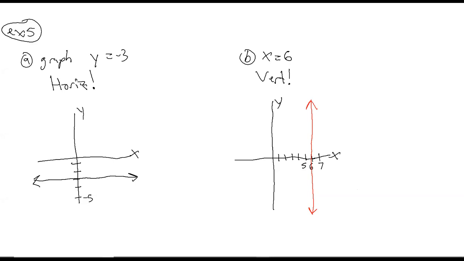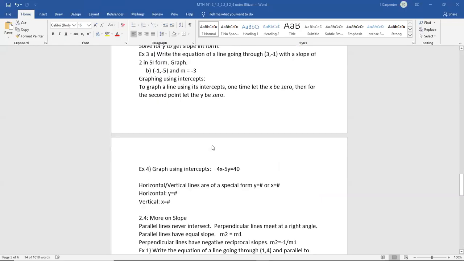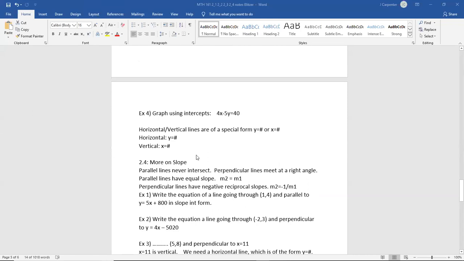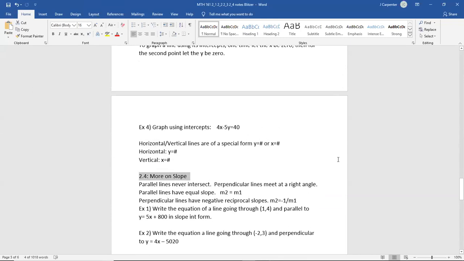In 2.4, we're going to talk more about slope. More on slope, specifically talking about parallel and perpendicular lines, at least at first.